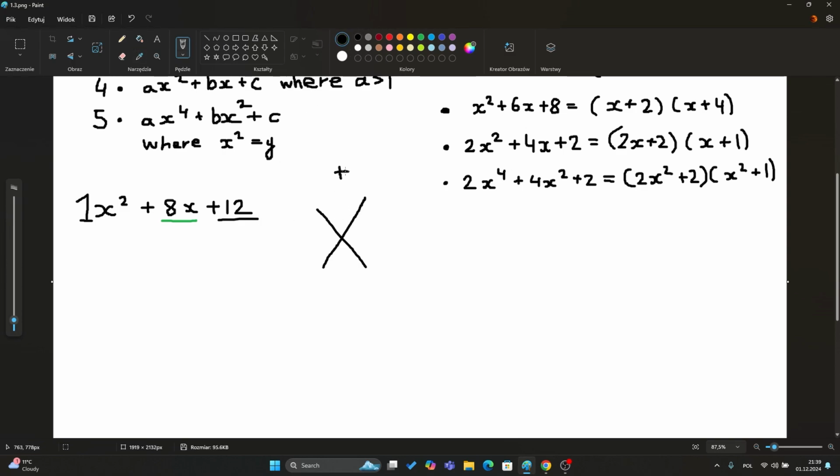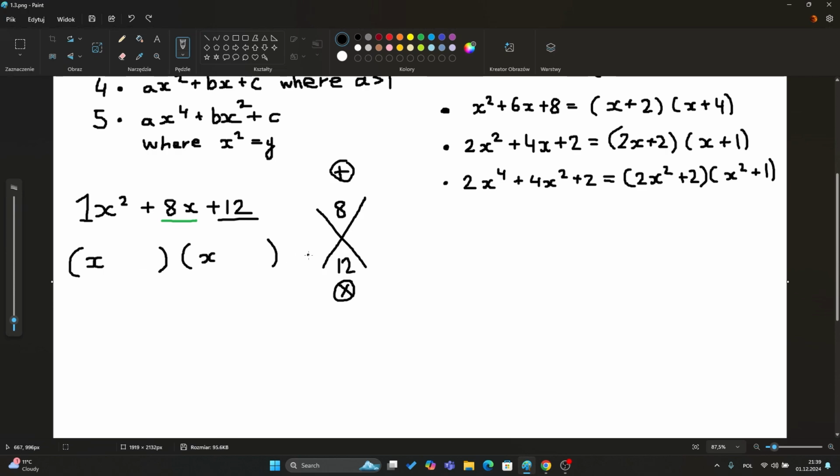So adding together, the two numbers need to give us 8, and multiplying, the two numbers need to give us 12. Now this will be x plus or minus something and x plus or minus something. We know that this expression will go into those brackets, but we don't know which number it will be. It could be this, which is incorrect.